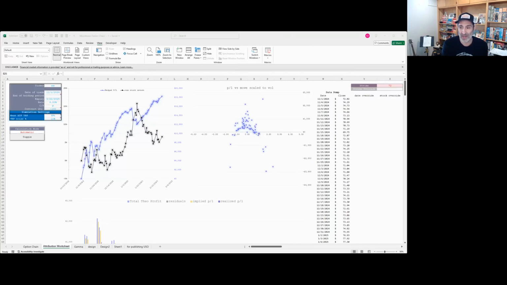So what I did is I made a simulation. Let me talk through this a little bit. I did this in Excel 365. The cool thing about Excel 365 is it has a function called stock history.